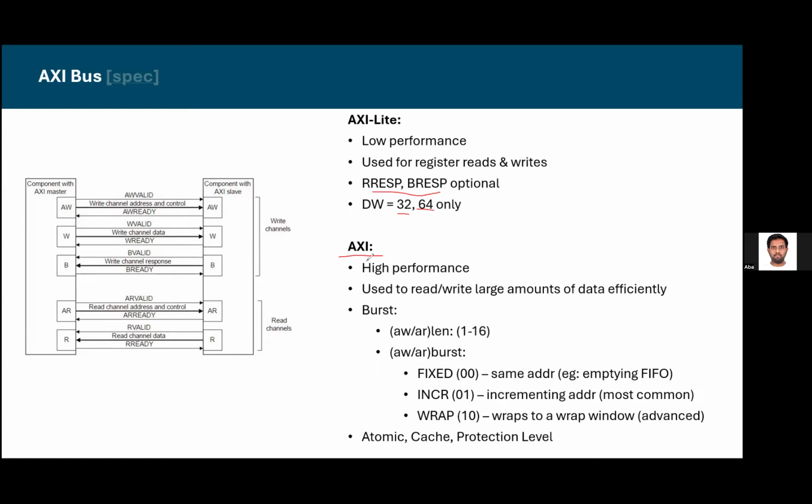First of all, the size tells you how many bytes of the bus you can use. Your bus might be, say, 128 bytes wide. By using this size, you can restrict that to something smaller. That's called a narrow burst.